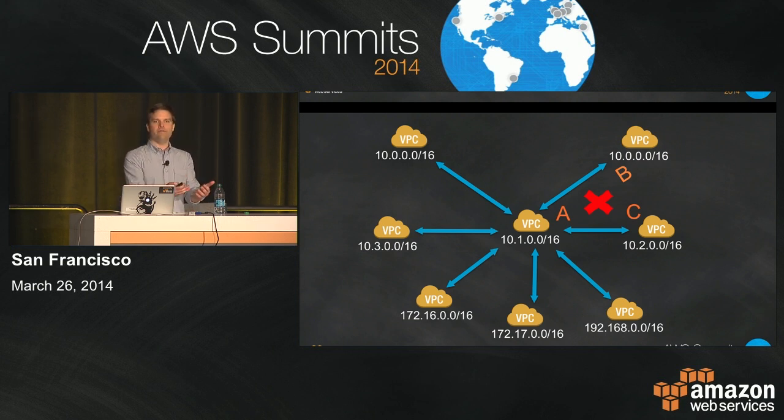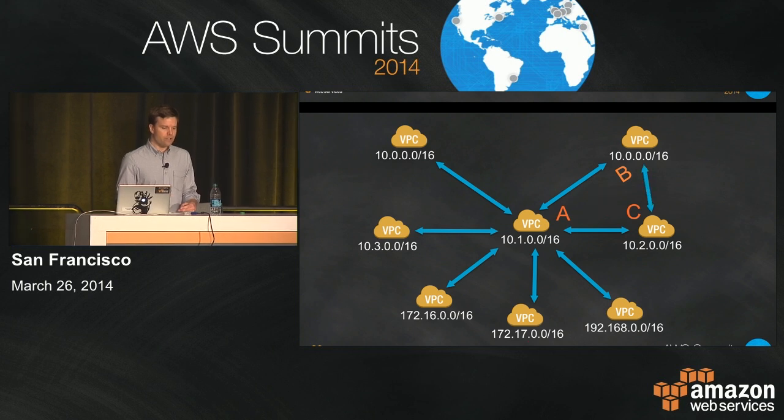Because I'm peered with another VPC does not mean that I get to see all the other peers that VPC already has established. And this is great for isolation, as we'll see in our models. But it is something you need to keep in mind. If you wanted that peering relationship to happen, you would just establish a peering between B and C.